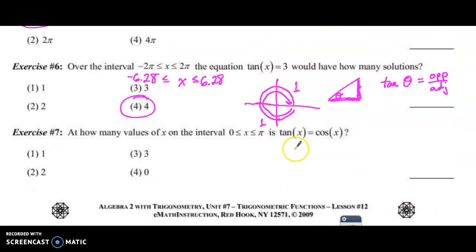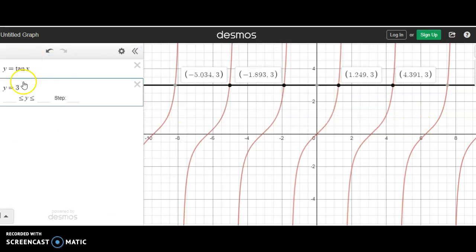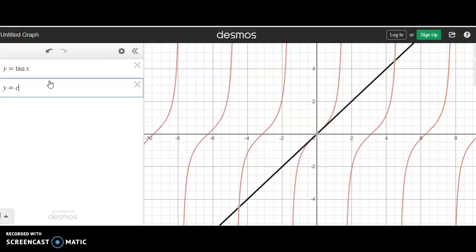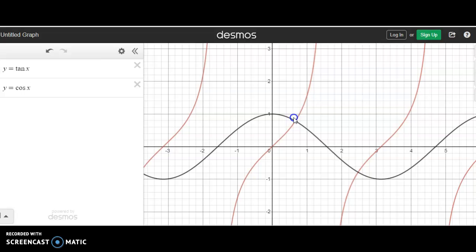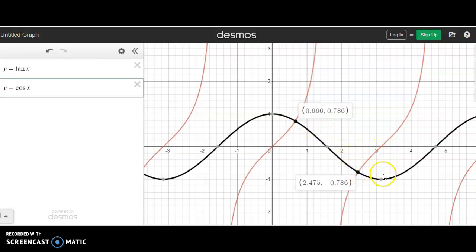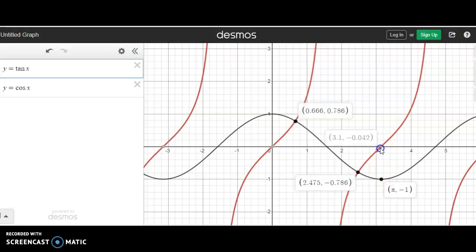And then just one more problem. At how many values of x on the interval from 0 to pi is tangent equal to cosine? Well, a quick way of checking this is with a graphing calculator, so let's do that first. All I care about is between 0 and pi. Pi's right here in case you're curious.